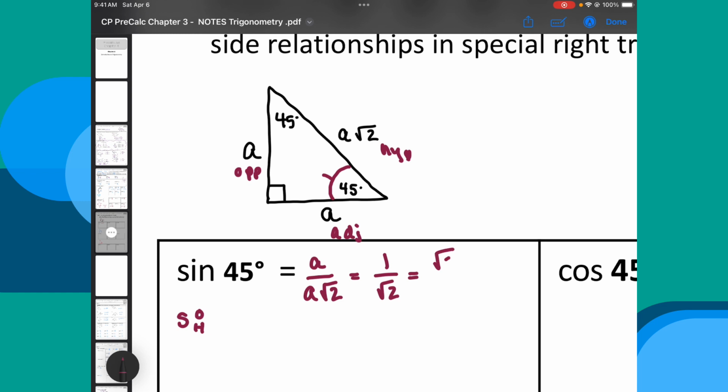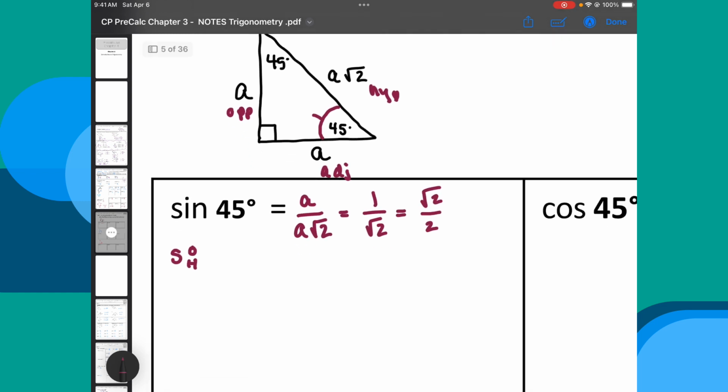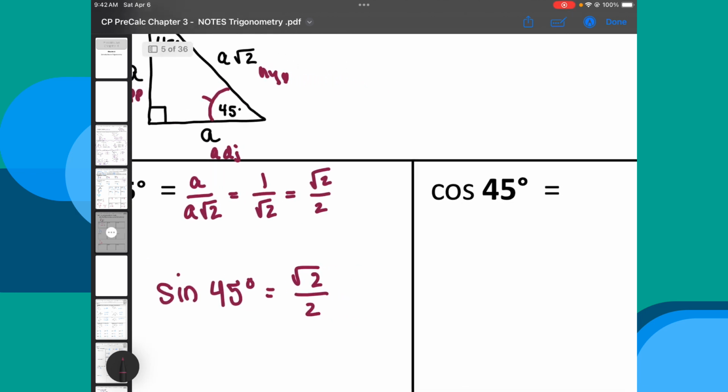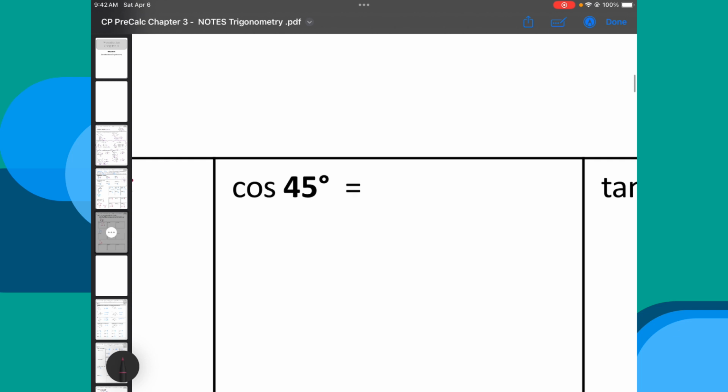We would then have to rationalize that denominator, and we can find that sine of 45 degrees is equal to square root of 2 over 2. We don't even need to know what the lengths of the sides are in order to come up with that ratio.